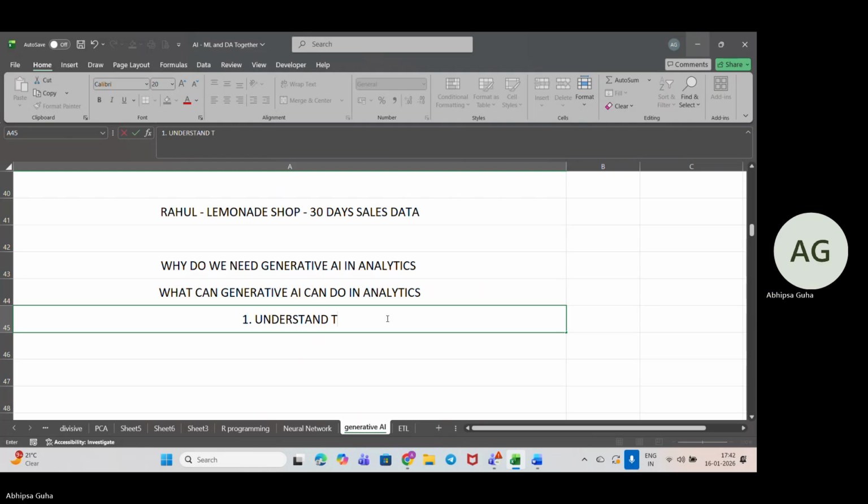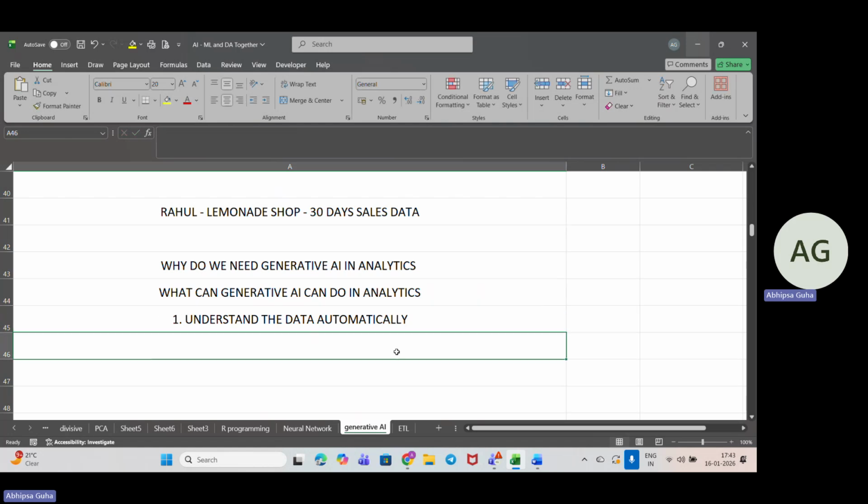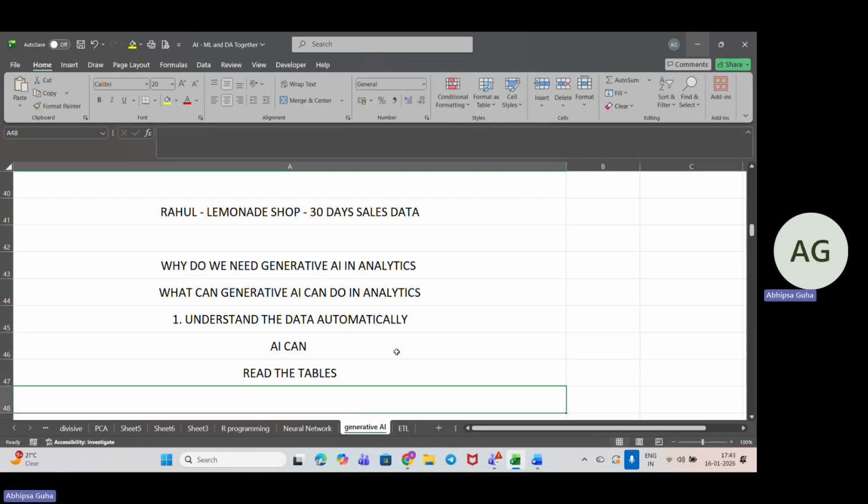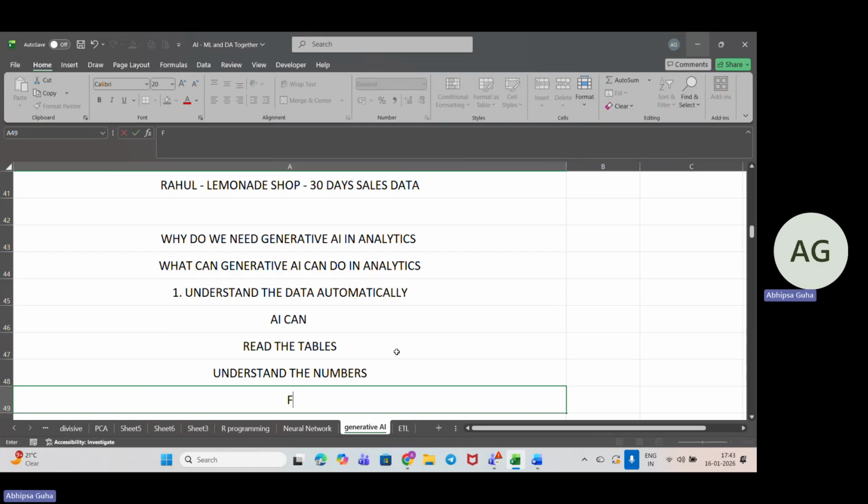It can read the table, it can understand the numbers, it can find the pattern. This is what it can do.